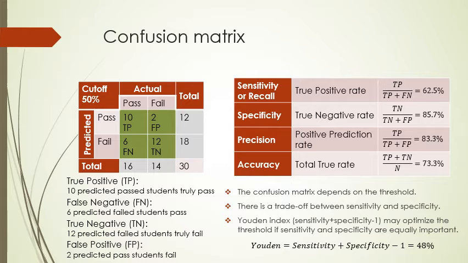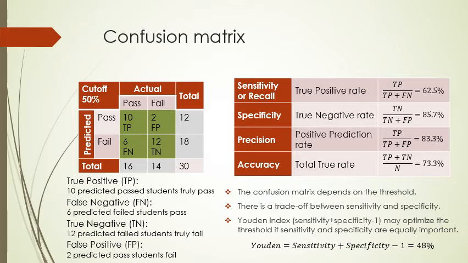The confusion matrix and all the related measures depend on the threshold value. In the example, we set the cutoff at 50%, and we may choose other values. If the cutoff is less than 50%, then more students will pass.